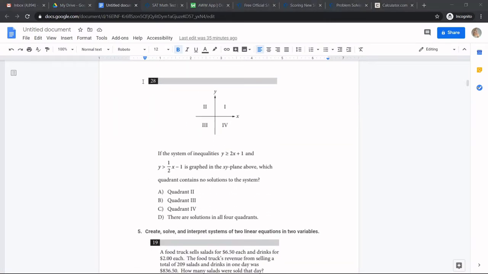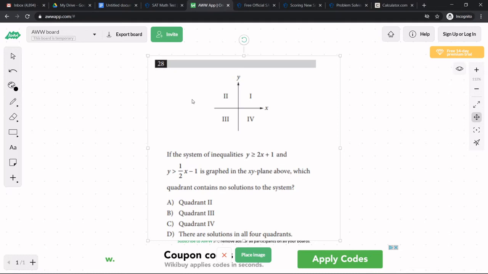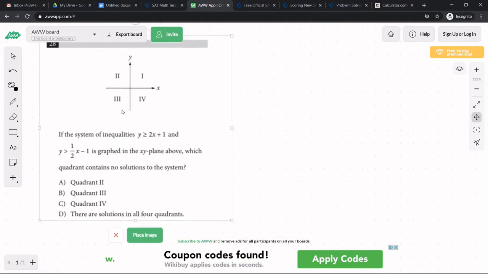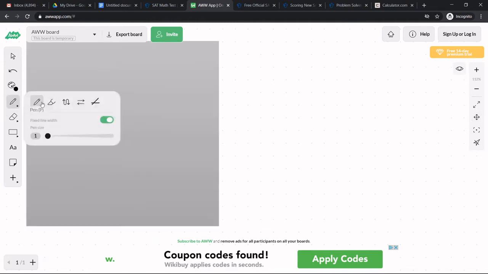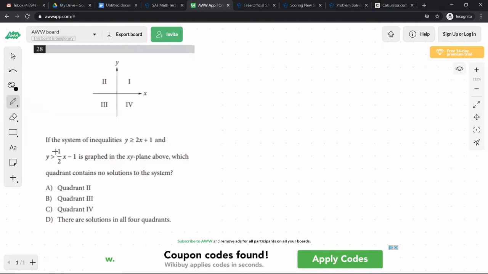This one involves a coordinate plane. Alright. So for this one, in the system of inequalities, y is greater than or equal to 2x plus 1, and y is greater than 1/2 x minus 1.